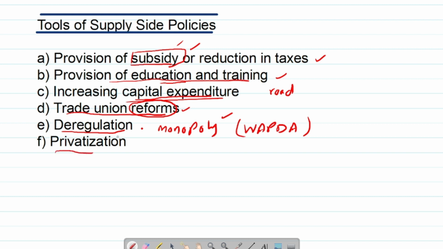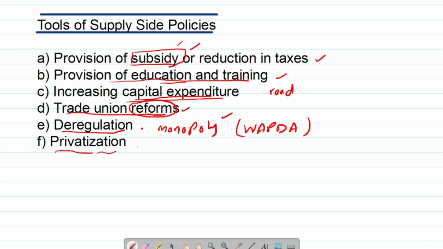Privatization is also connected with deregulation. If sometimes monopolies are under the government, then the government may privatize them, and when government institutions are sold to the private sector, such selling of government firms to the private sector is known as privatization. And privatization also leads to a greater number of firms entering the industry.